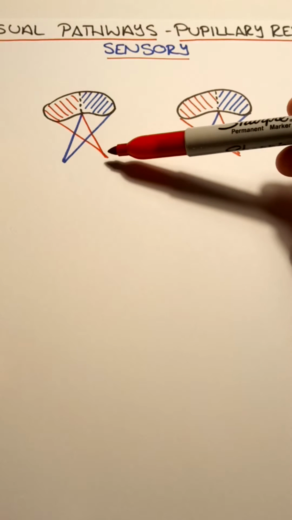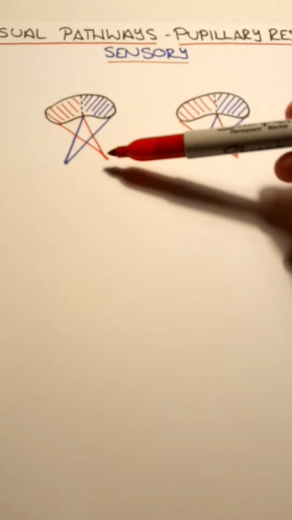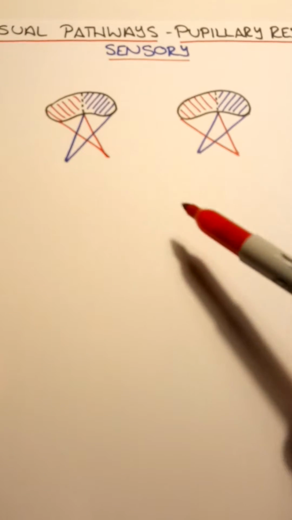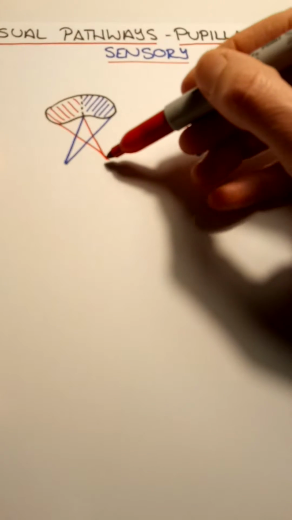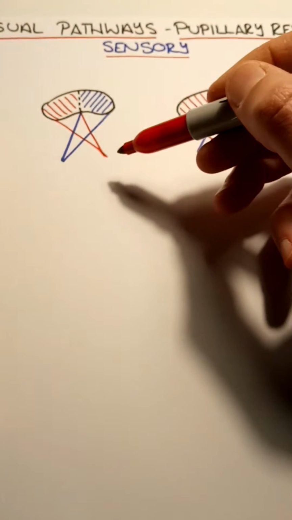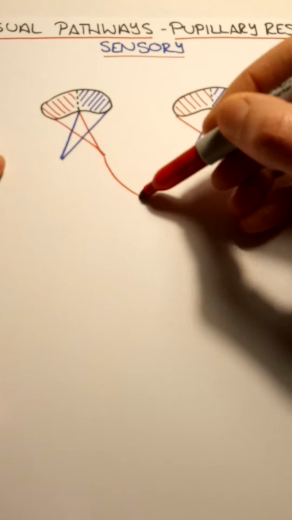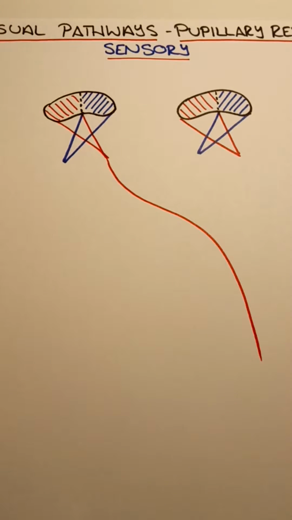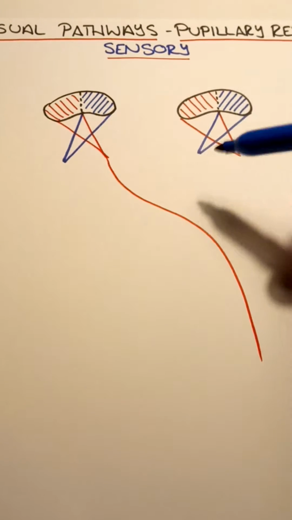So the side nearest to the middle, so that'll be this one and this one, go across the middle. Okay. So they start out on this side and they're going to go to the other side. So the ones nearest the middle cross the middle. There. One down.